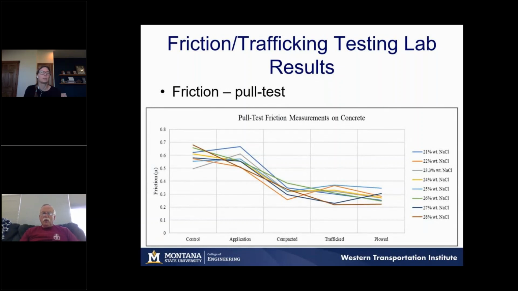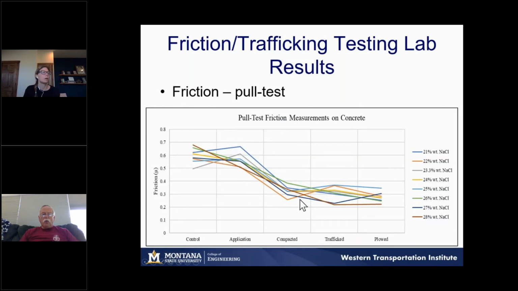We were able to measure the friction on the pavement in two methods. First, we used that plowing device, where we measured the force that was required to plow the snow off the road, and those results can be seen here. We dragged the plow device across, and you can see that overall friction on the pavement is very good. Once the salt brine solution was applied, you can see generally the friction values are in the same range.